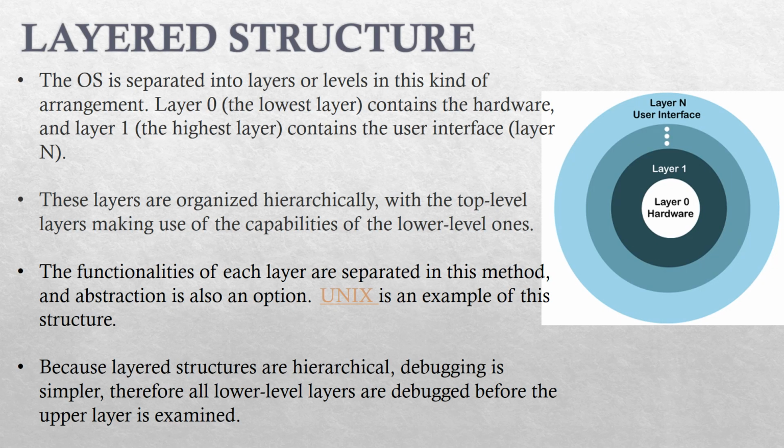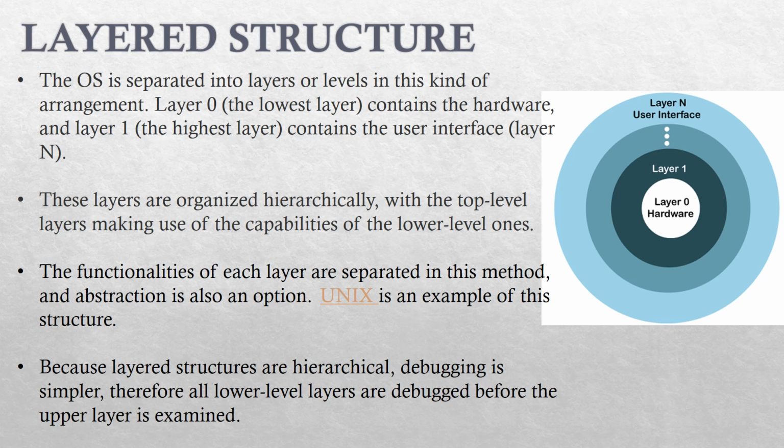Now let us discuss layer structure. The OS is separated into layers or levels in a kind of arrangement. We can see in the diagram it contains layer 0, which contains the hardware, and the topmost is layer n, the highest layer, which contains the user interface. These layers are organized hierarchically, with the top level layers making use of the capabilities of the lower level ones.